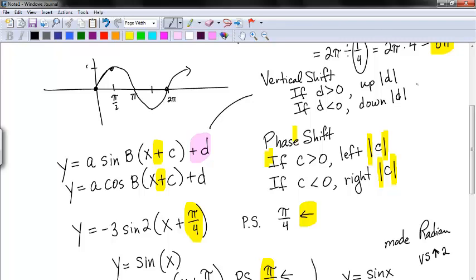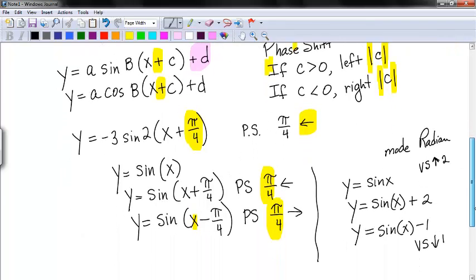No, because of the absolute value symbol. It's always going to end up to be a positive D. Now let's look at some examples.